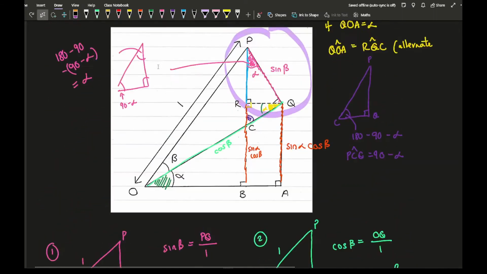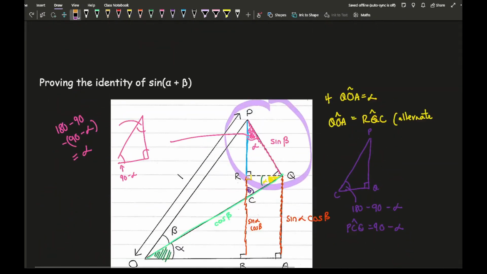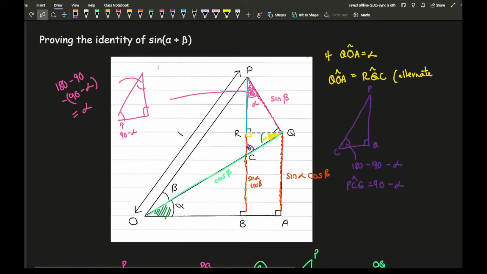Now if I go back to my diagram, I've worked out that this distance here, this blue line, is cos alpha sine beta. Although it looks very messy, what I'm going to take out from this is this triangle here.